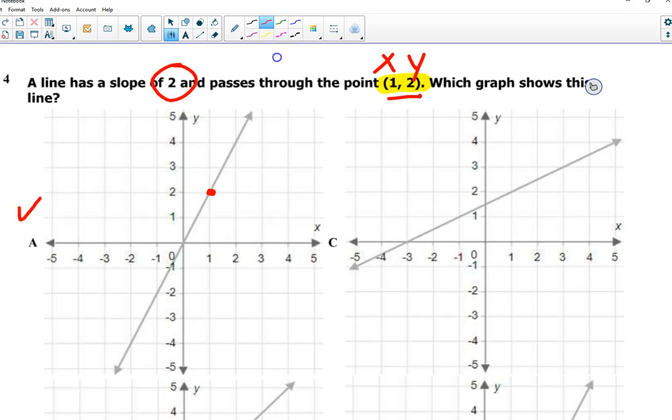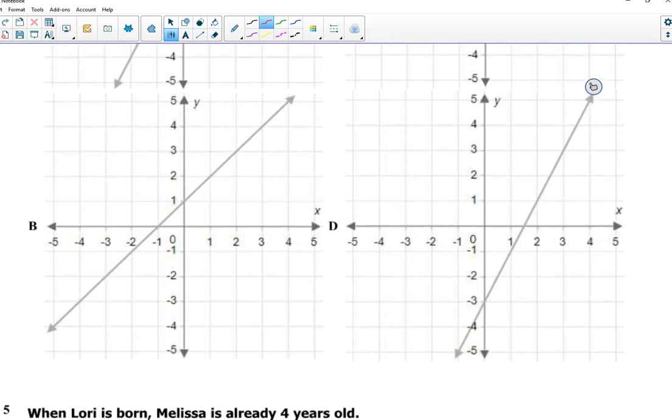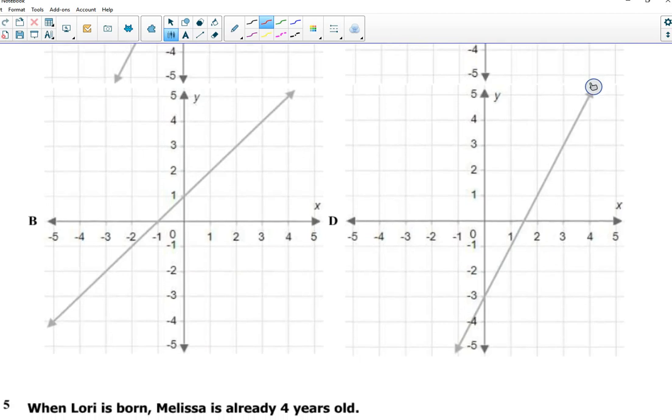B, 1 on the x, 2 on the y. Does that point work on B? 1, 2? Okay, so far it could be B. And let's look at C. Oh, I'm sorry, that was C. B, 1, 2 works, right?